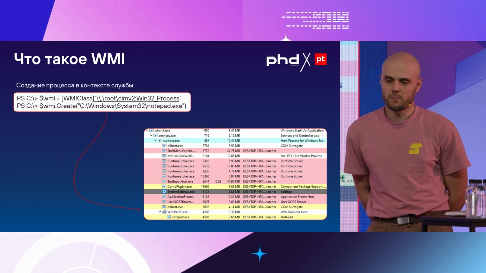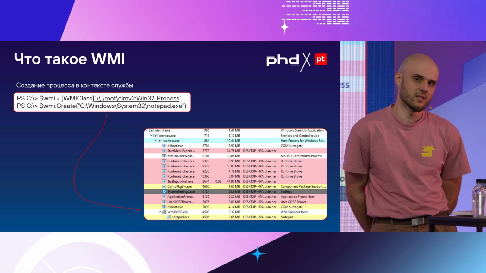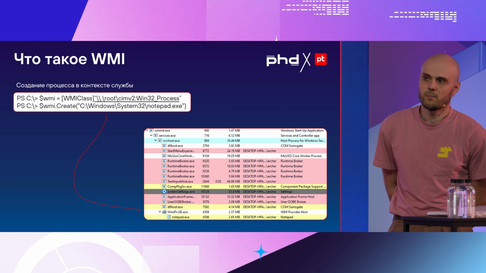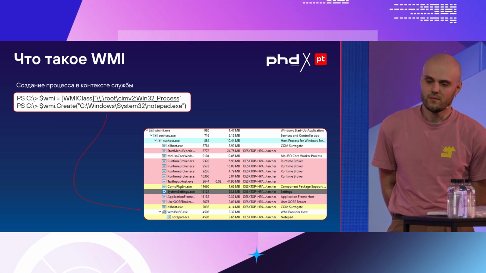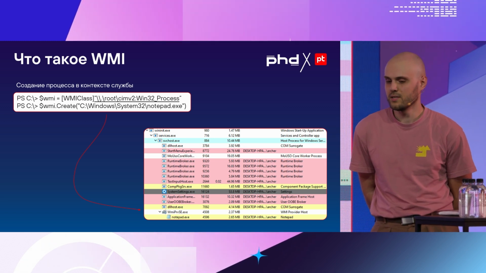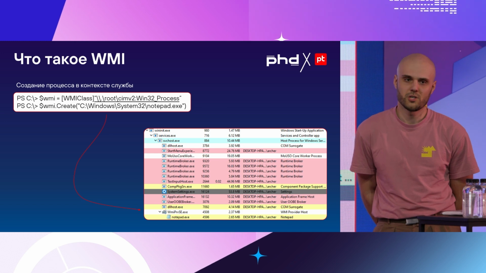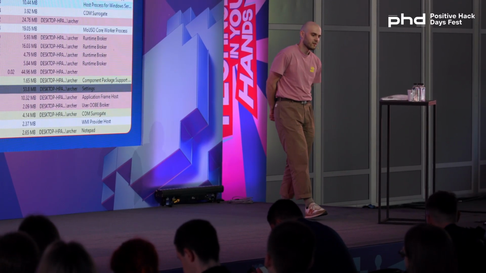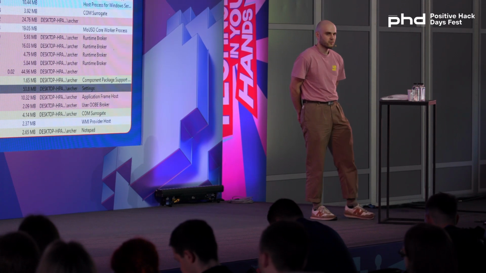The same applies to running processes: they will be launched from, or by, the WMI Provider Host service. And if you don't monitor WMI activity, then the attacker can easily bypass all the correlation rules.